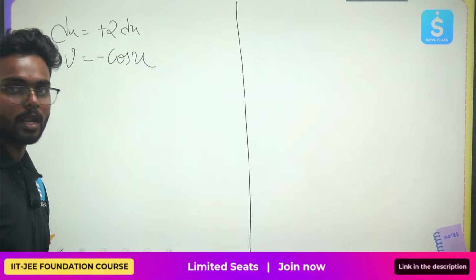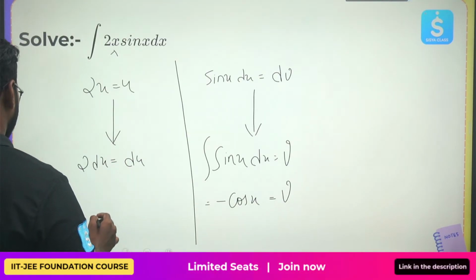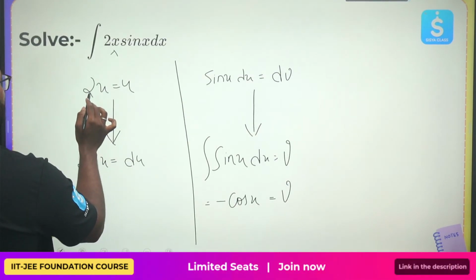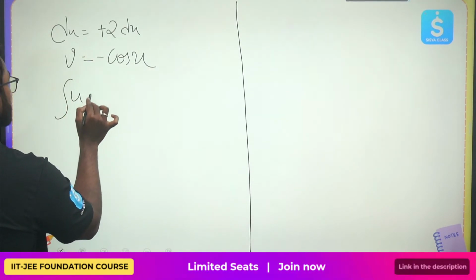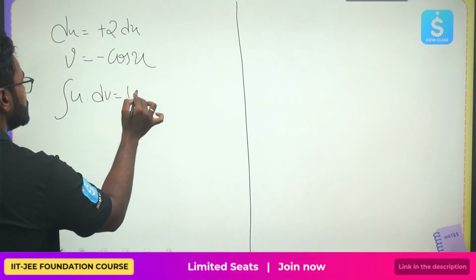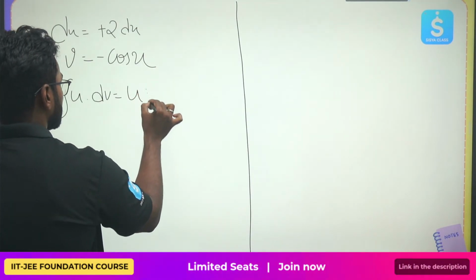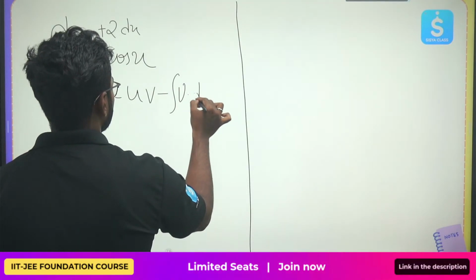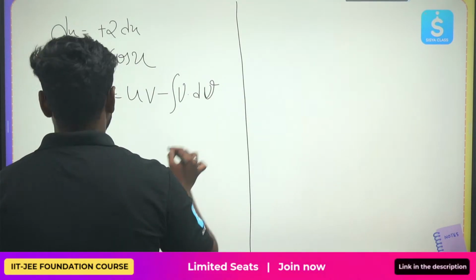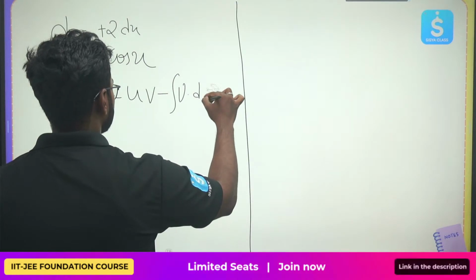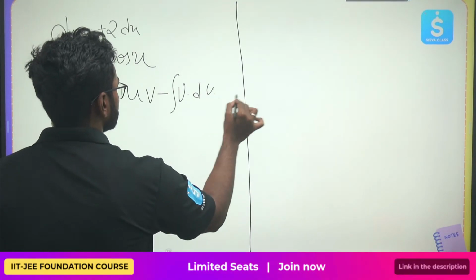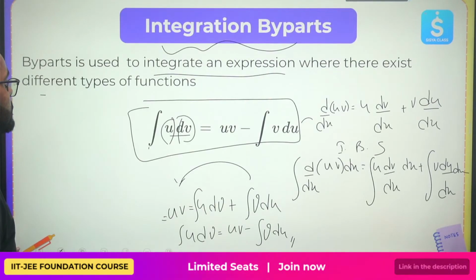Now we'll apply the uv formula, which is integral of u dv is equal to u into v minus integral of v into du. Okay, this is the formula, right?